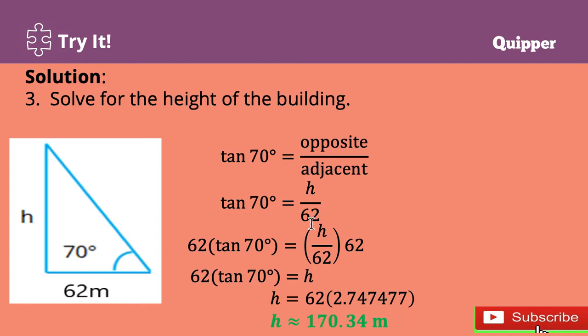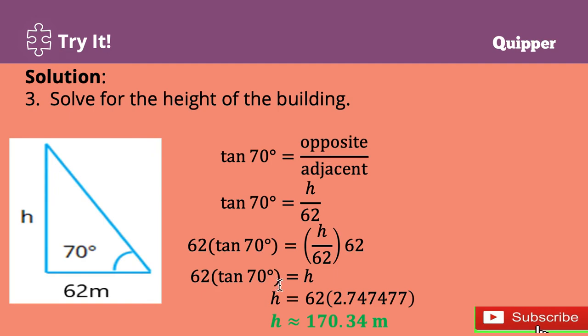So we have tangent 70 degrees is equal to h over 62. Then, multiply both sides by the denominator, which is 62. So this will be cancelled out, and the remaining here is h, or the height. Then for the left side, that is 62 times tangent 70 degrees.